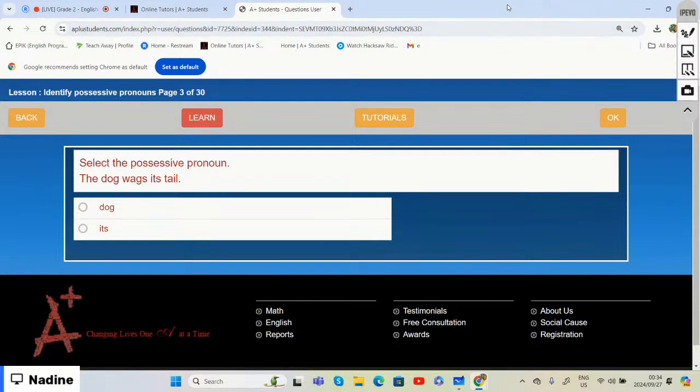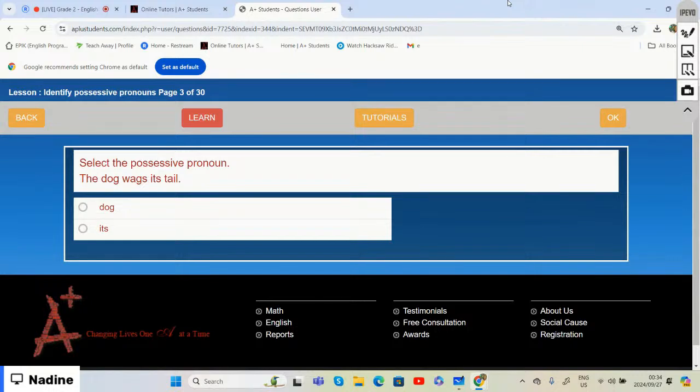All right. The next one says select the possessive pronoun. The dog wags its tail. So we need to select the possessive pronoun.